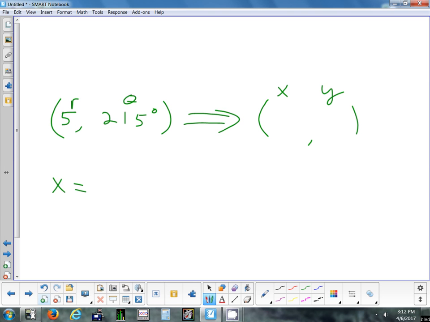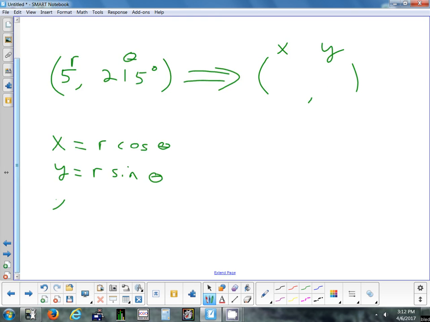Does anyone remember what the formula for x was? Was it sine or cosine? Cosine. x = r cosine theta. And what about for y? r sine theta. So we just fill in what we have for r and theta.